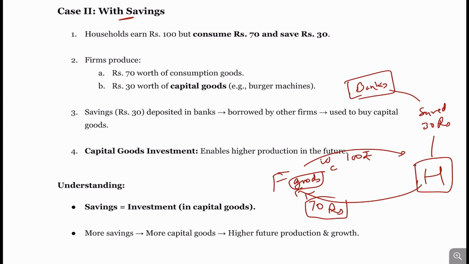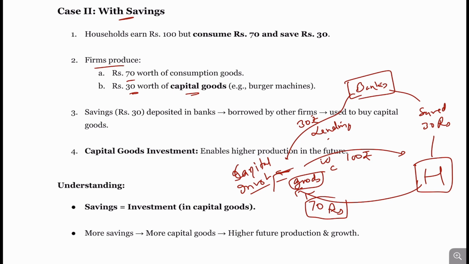This bank will again lend this 30 rupees to the firms, and this 30 rupees will be used by the firm for capital investment. Now the firm produces 70 rupees of consumption goods and 30 rupees worth of capital goods.